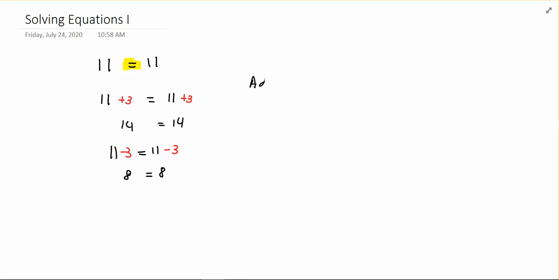The addition property of equality. Now, the addition property of equality says that if the same real number is added to both sides of the equation, then that does not change the equation solution, right?